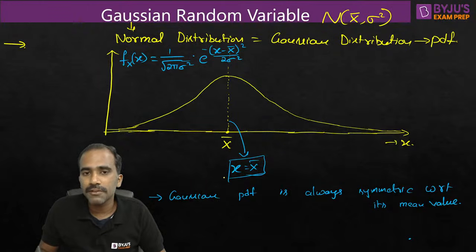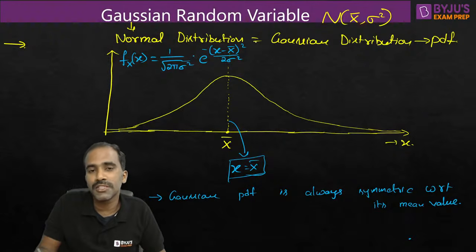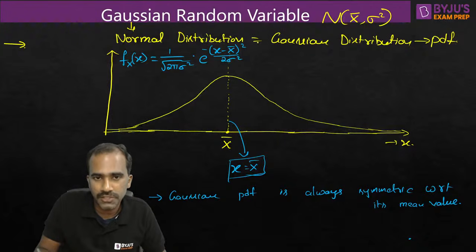It can be anything. But when you say PDF, the basic property of a PDF is that the area should be 1, right? So any Gaussian shape whose area is 1, we can say that it represents some kind of PDF. If a Gaussian shape has an area of 1, only then it can be called a probability density function.